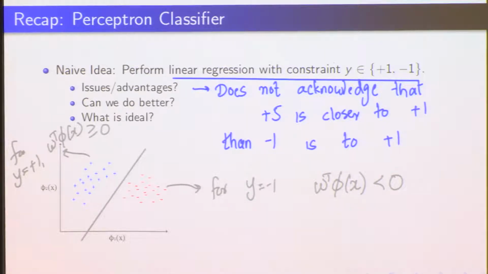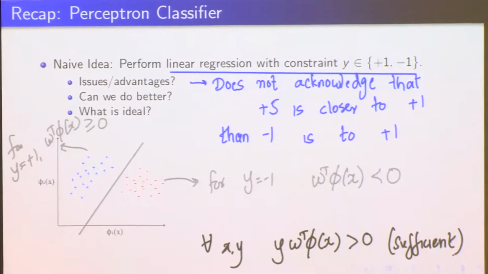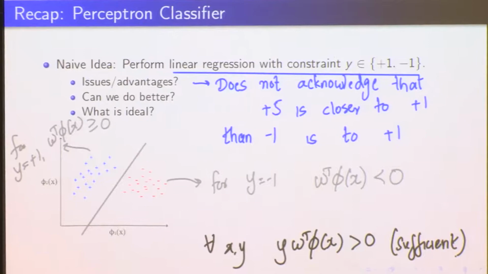And we collapse these two into just saying for all x comma y pairs you would require, at least in the training data, y times W transpose phi x greater than 0 is a sufficient condition. Okay, I hope you see the clear difference between linear regression and the requirement that perceptron begins, and which is going to be the requirement with several other classifiers.